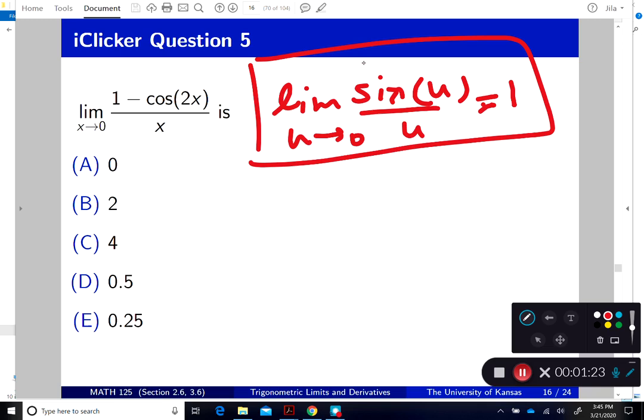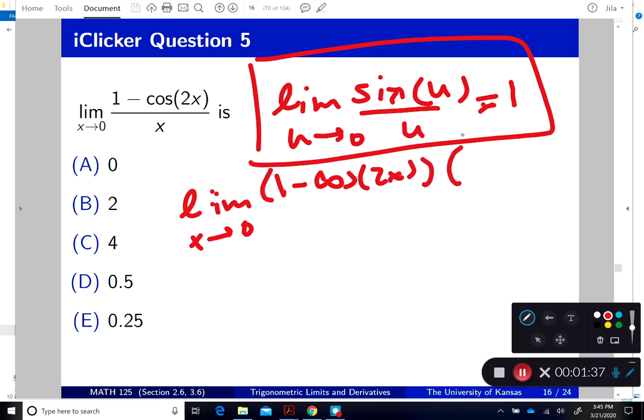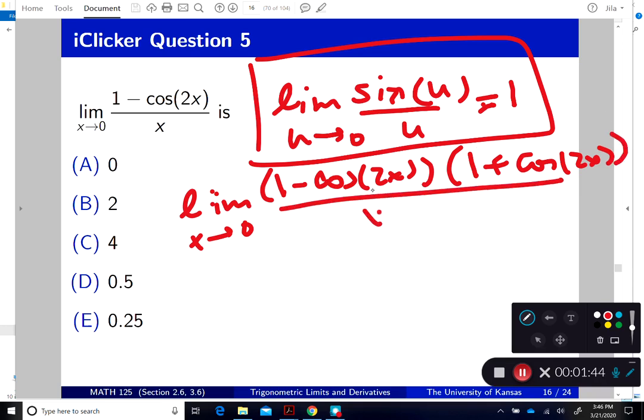I would replace cosine by sine by multiplying by the conjugate. The conjugate of 1 minus cosine of 2x is 1 plus cosine of 2x, so I have 1 plus cosine of 2x over x times 1 plus cosine of 2x.